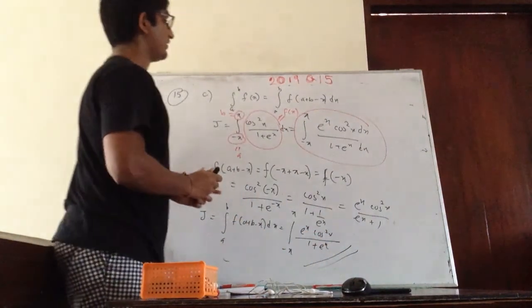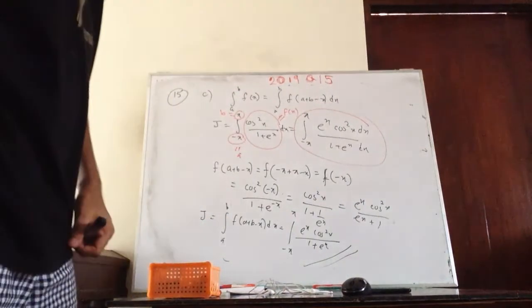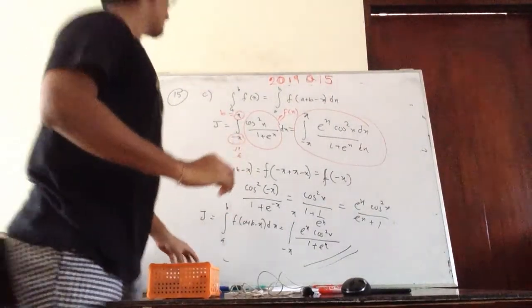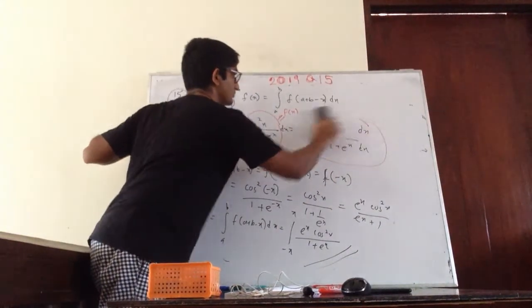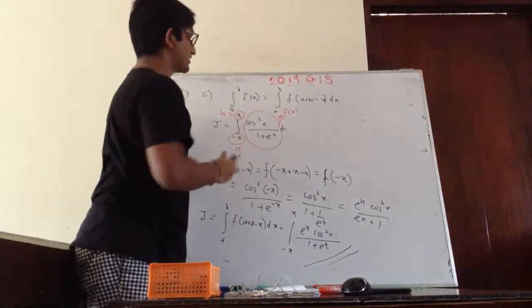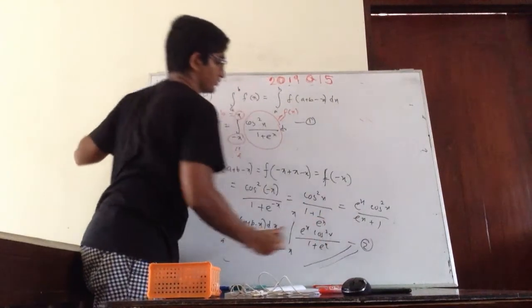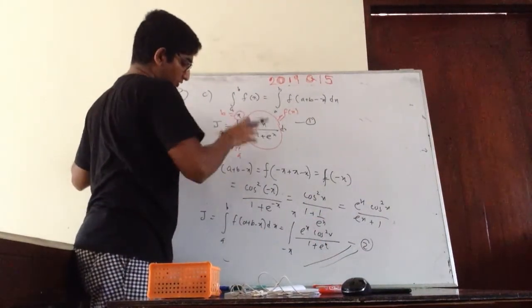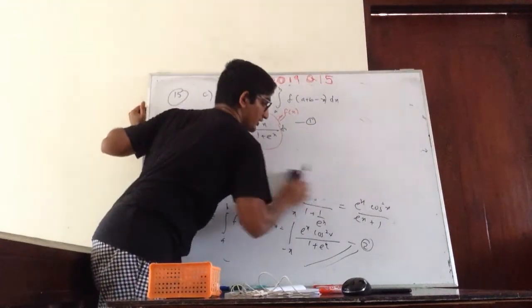So this is what they are asking first of all, right? So this was the original J, so you can name this as 1. This was the second J. So what I'm going to do is add these two J's up.